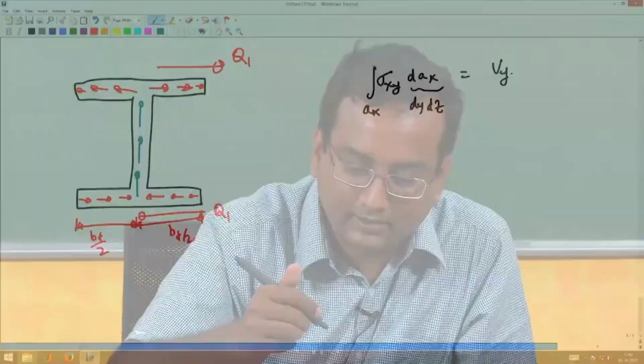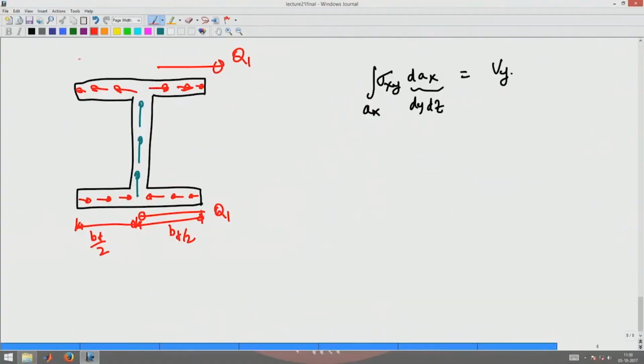Similarly, there is a net force of magnitude Q1 acting like this and a net force Q1 acting like this. These are again balanced forces separated by a lever arm, and they produce an anticlockwise moment of the same magnitude as the clockwise moment produced by the other shear stresses.